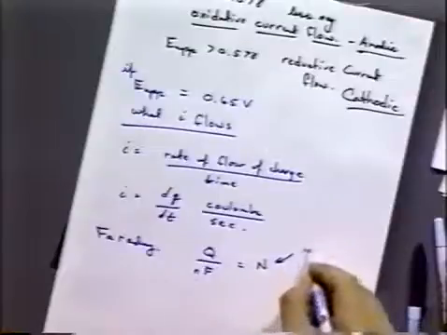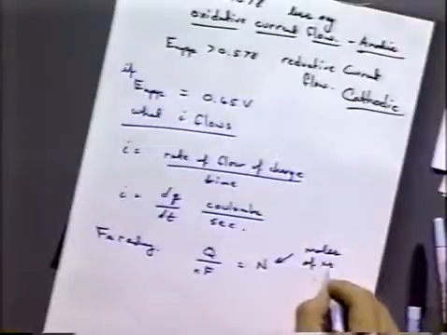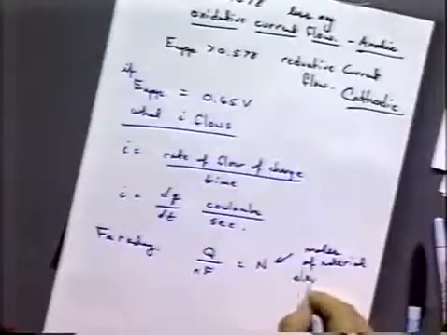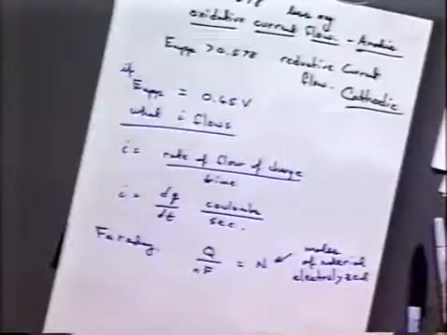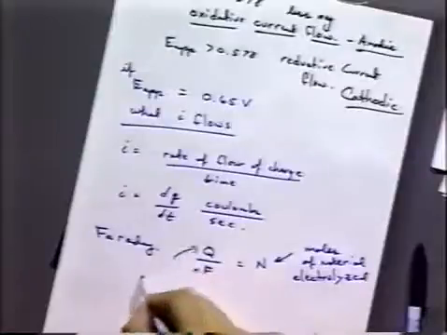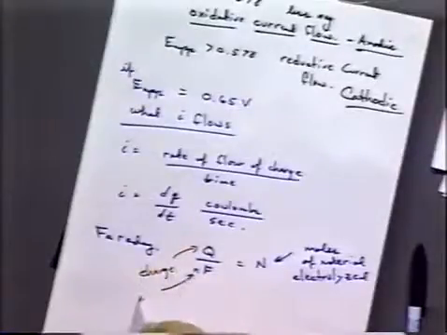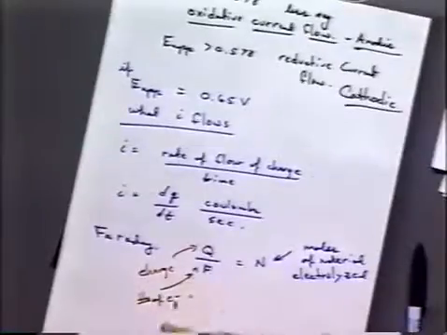So N is moles of material electrolyzed. Q again is charge. N is the number of electrons in the system.